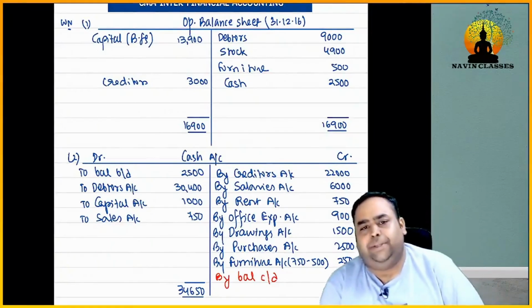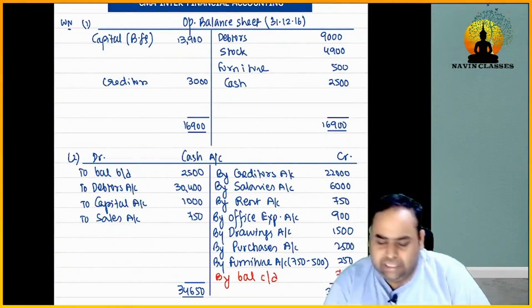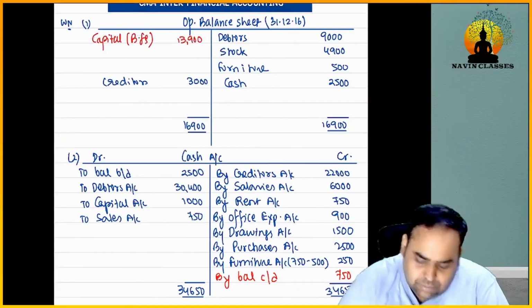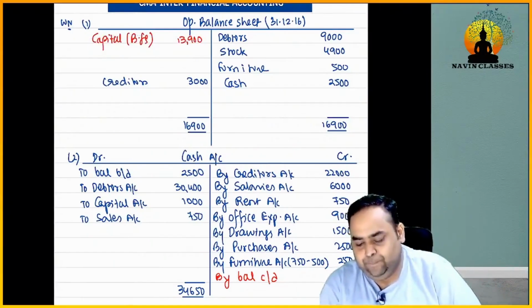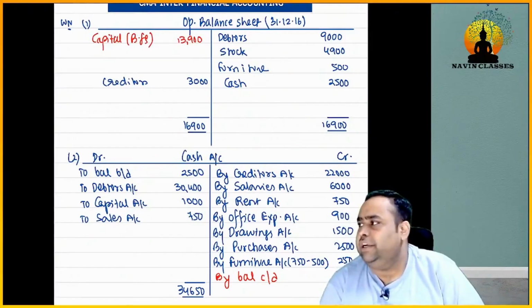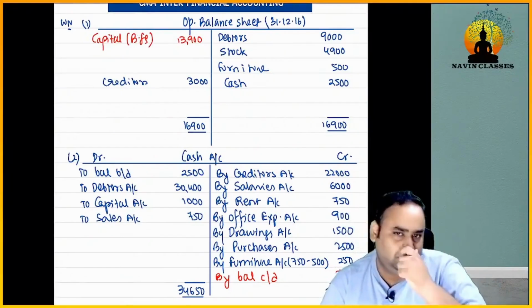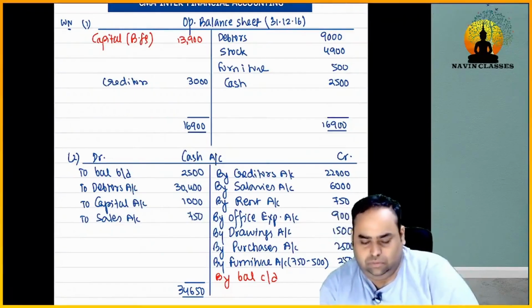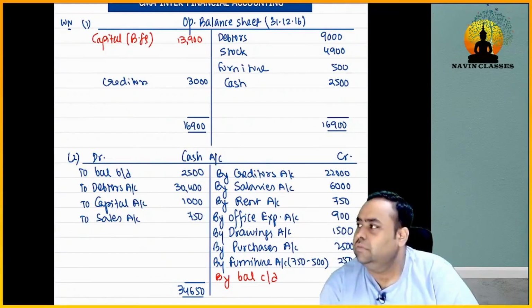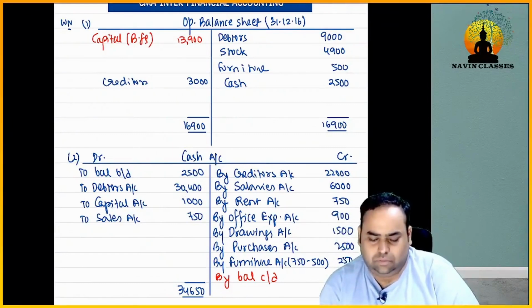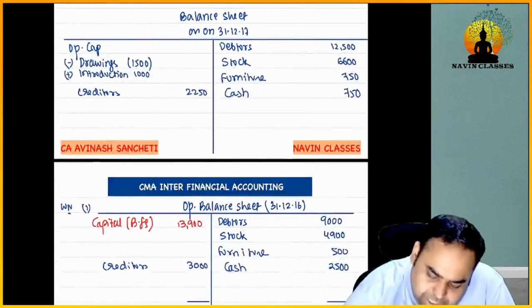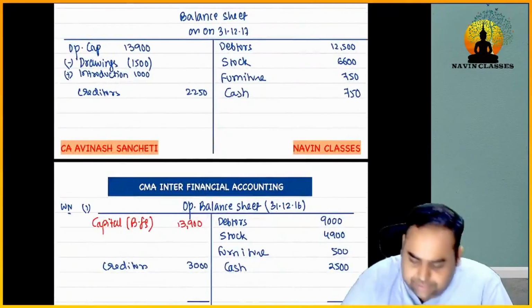Is it clear, Ishika? 13,900. And students, this capital will move to opening balance sheet showing 13,900.